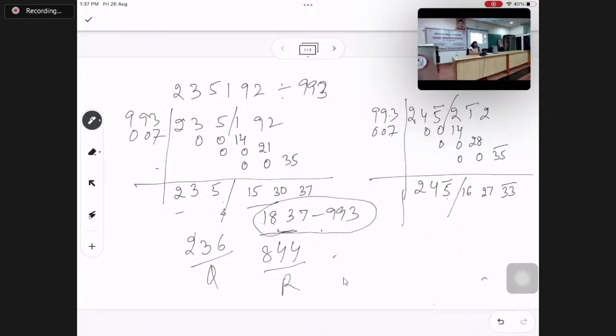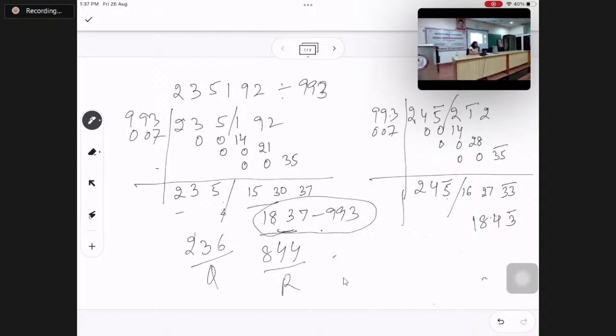Let us write this 33, meaning 3 bar, 3 bar. So we have 27 minus 3, because this is the carryover and this is 3 bar, so 24. So we write 4. And 16 plus 2 is 18. But again we are getting 3 bar here.